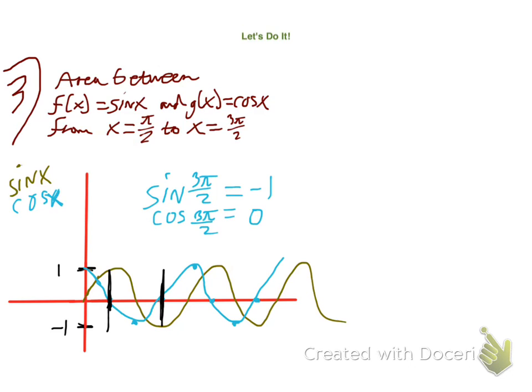Okay, so the area we're finding, take a look at this. It's almost like it's two regions. So the area we're finding is this and this. Okay, that's pretty cool, right?